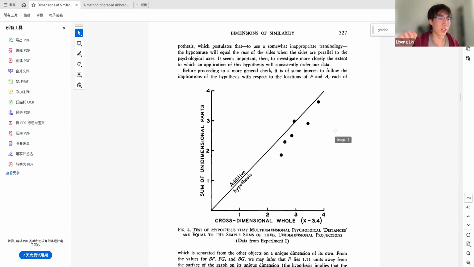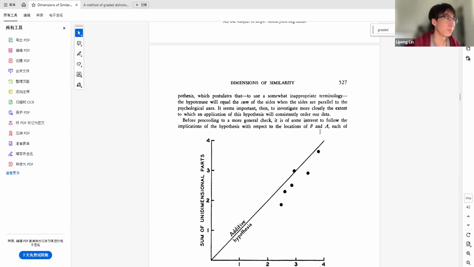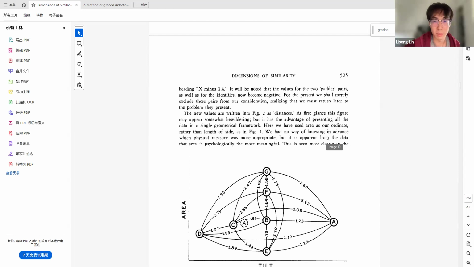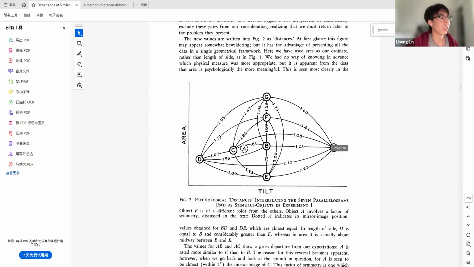Remember, the Euclidean distance has several axioms. One is additive, right? If we go back to figure 2, yes, this one. The distance between B and C and the distance between A and B, if we add them together, should be the same as A and C, if the psychological distance is Euclidean distance.